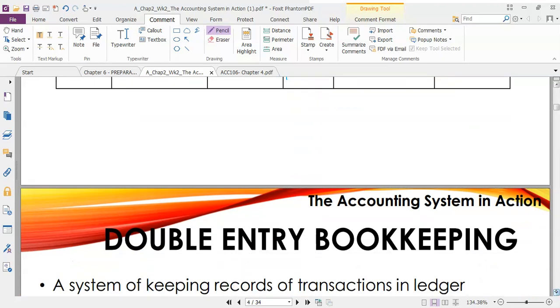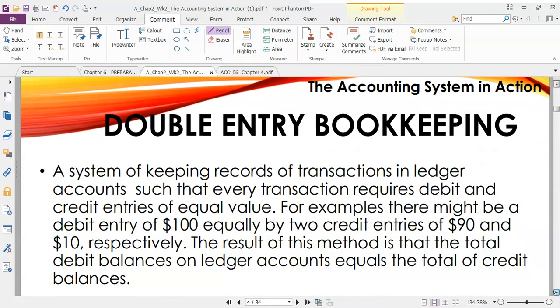So, let's look at the system. A system of keeping records of transactions in ledger accounts, where every transaction requires debit and credit entries of equal value. Every transaction must have debit and credit entry.